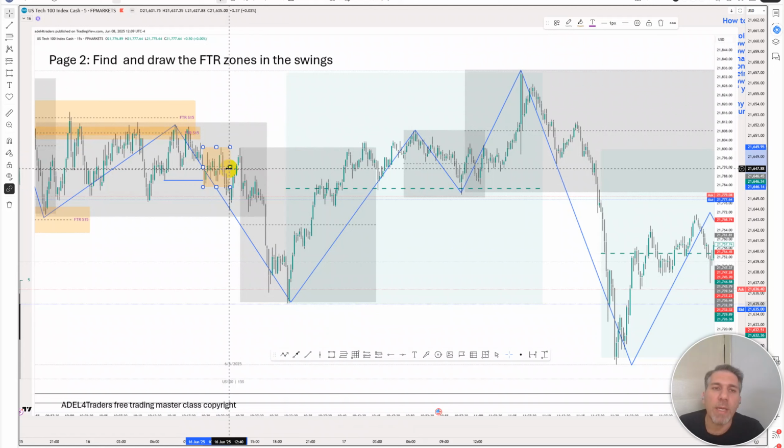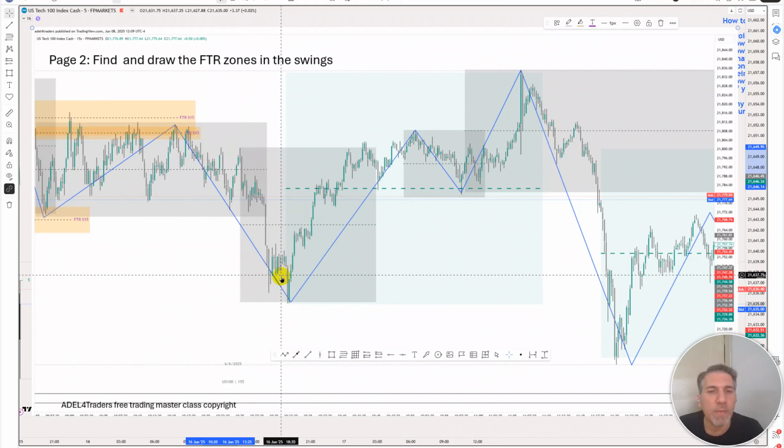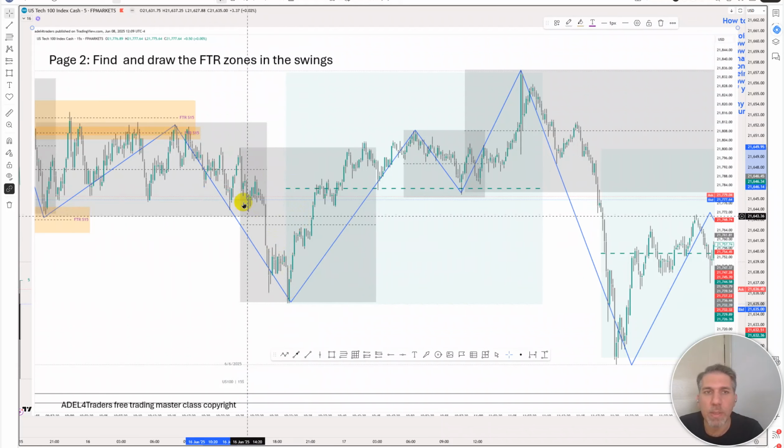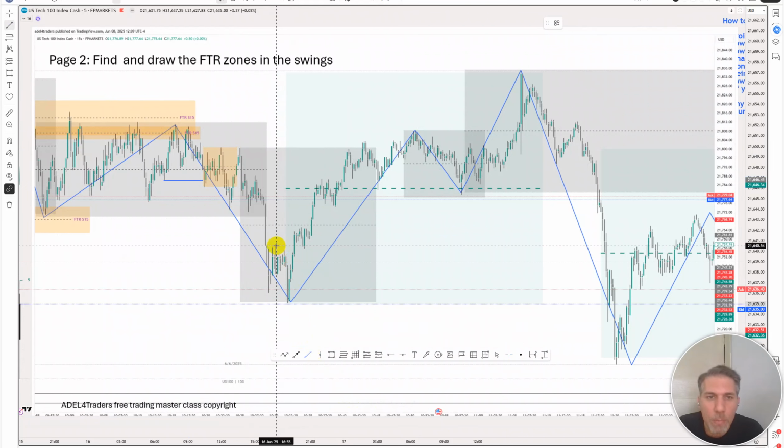Now, okay, after we get to here, we have this one. So this is our reaction to the zone. Later on, even if you were taking this one, which is counter trend here, okay? This is our last higher low, sorry, lower high, let's say.